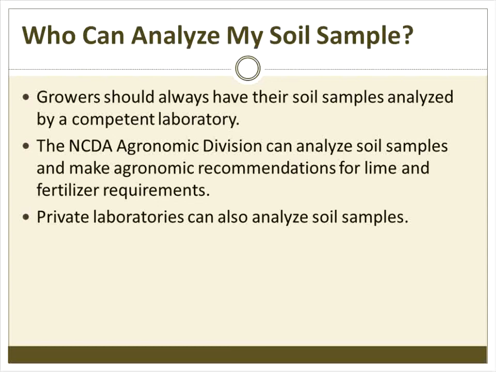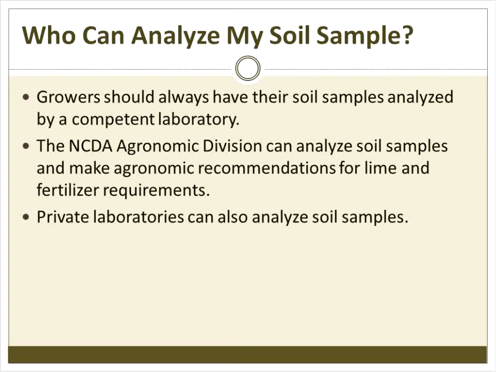So if speed is an issue, you may be willing to pay that private laboratory in order to get your soil sample analyzed much quicker. If cost is an issue, you may be able to wait the time frame it takes to get your sample analyzed by the Department of Agriculture.